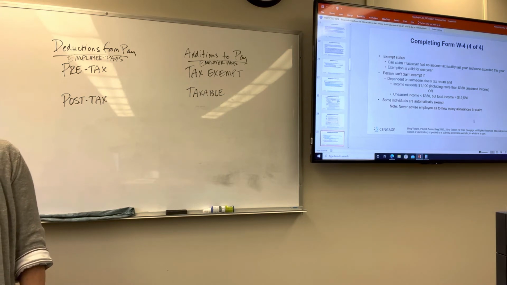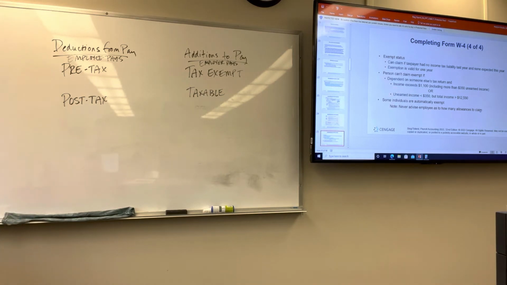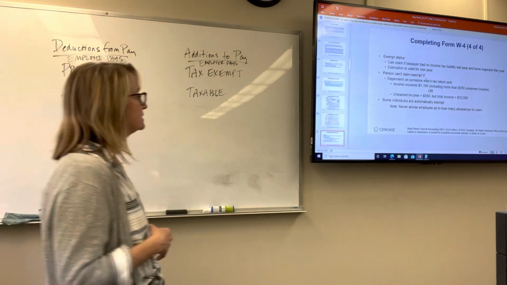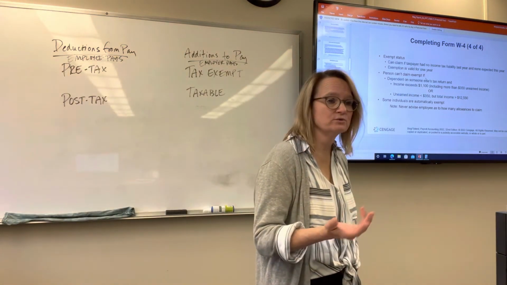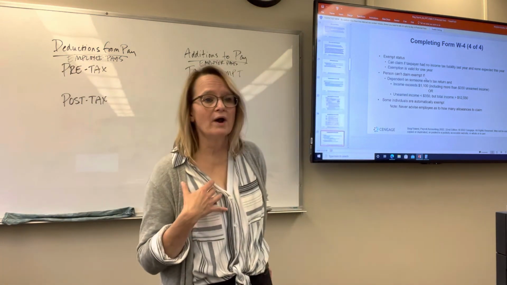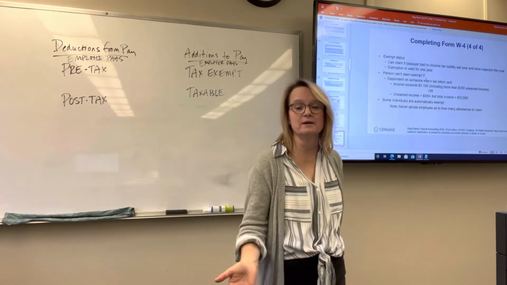On the old form, there's a spot for if you're exempt, where you could say if you had no tax liability last year and you don't expect any this year, then you could claim to be exempt from income tax, and then they wouldn't withhold anything. This was mainly used for high school students or college students who are still dependents on their parents' tax returns. They're working in the summer and don't want to have anything withheld because they end up getting it all back.